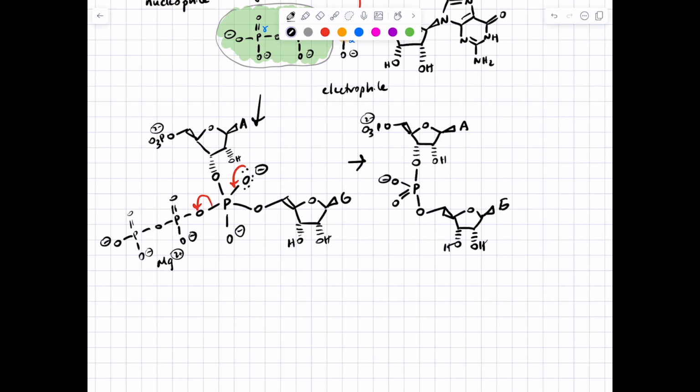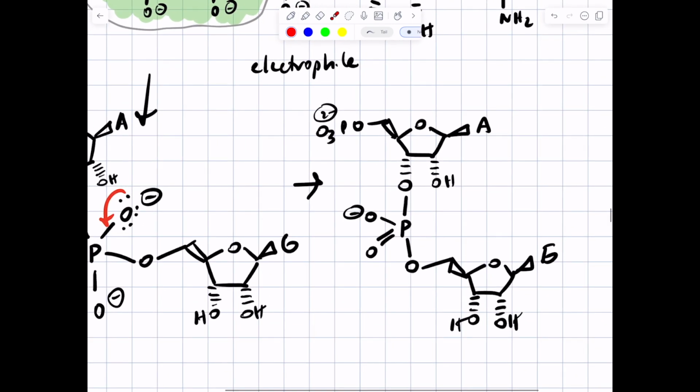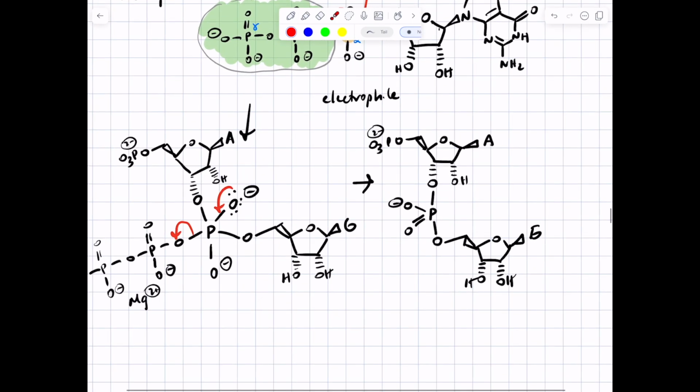So we have an AG dinucleotide, and this bond is a phosphoester, this bond is a phosphoester.